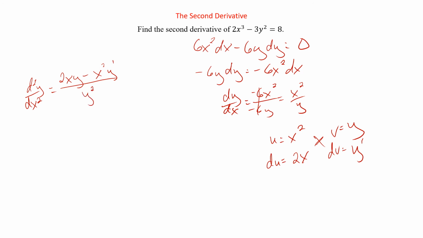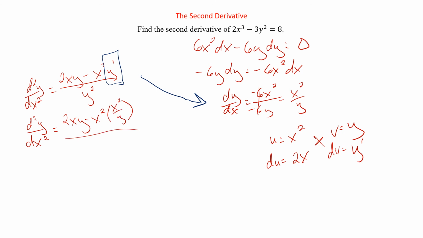Now, this is almost in terms of x and y. The only thing stopping that is this y prime. Well, remember, that's the derivative of y. That is this. So we're going to plug that back into this equation. d2y over dx squared equals 2xy minus x squared times x squared over y, all over y squared.